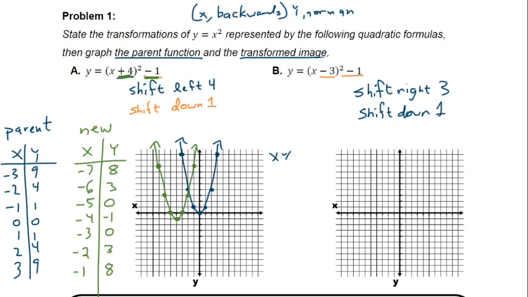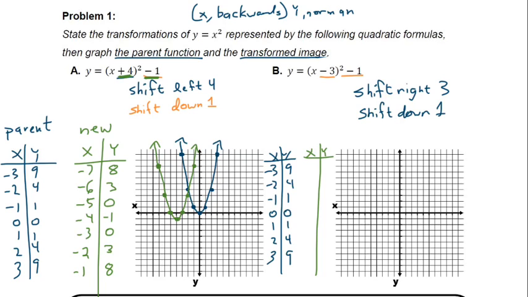Okay? And again, let's create a table of points, x, y. We'll go -3 to +3 and just square them. -3 squared is 9, -2 squared is 4, -1 squared is 1, 0, 1, 2 squared is 4, 3 squared is 9. And we'll apply it to the new table.